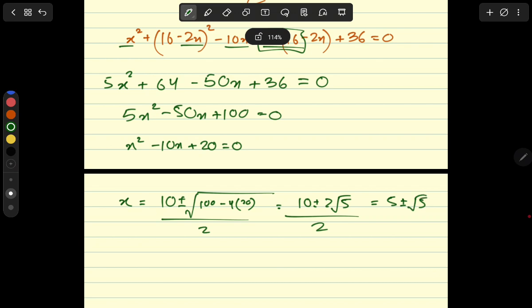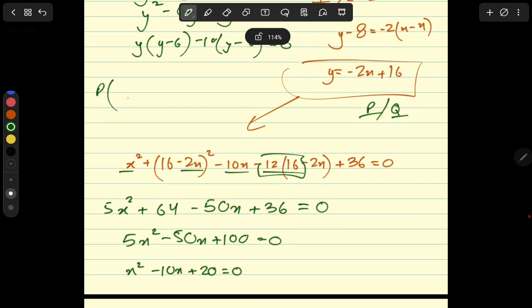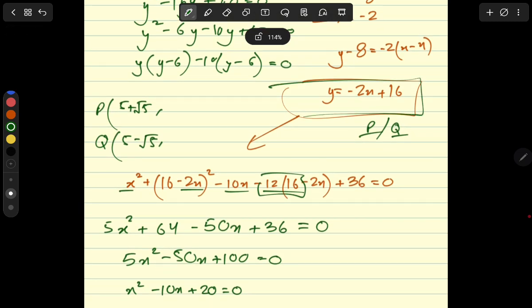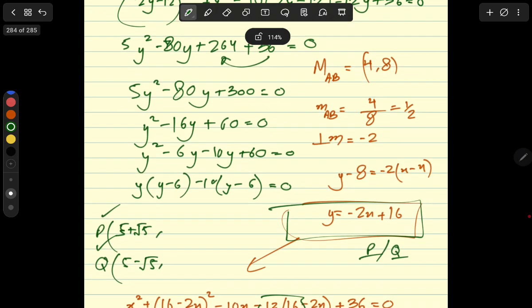So P is 5 plus root 5, Q is going to be 5 minus root 5, and now put these x coordinates in the equation of the line, y equals minus 2x plus 16, and you will get the y coordinates of P and Q, right?